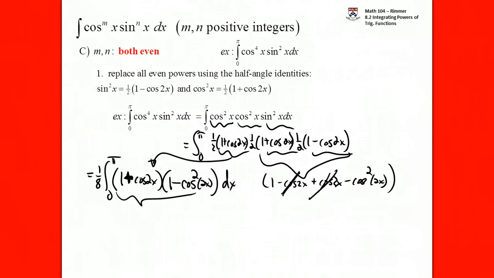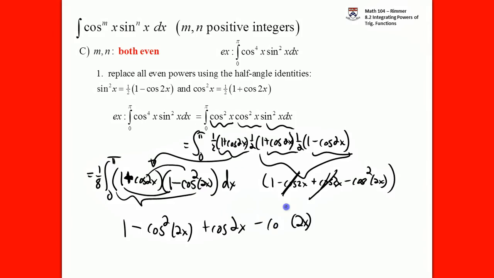Okay, so I'm just being careful and choosing the difference of squares. And now, here we go. 1 times 1 is 1. We get minus cosine squared on twice x plus the cosine on twice x. What's this next one here? Cosine cubed on twice x.